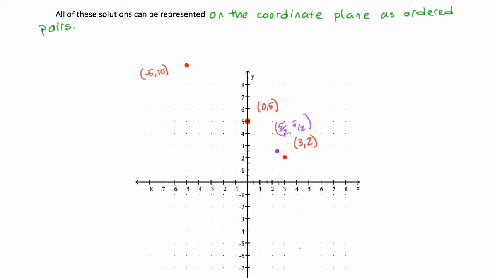Now what happens is as I keep graphing these, it's not a coincidence. If you kept finding solutions for this, it would turn out that all of these lie on a perfectly straight line. And so here I can use my fancy computer to draw a pretty straight line. So this nice straight line goes through all of those points.